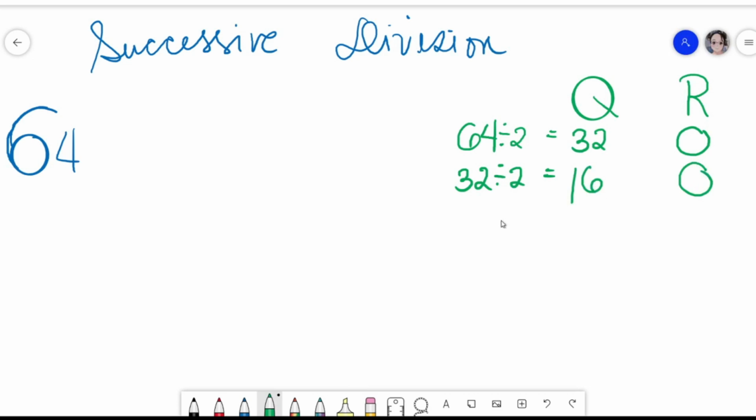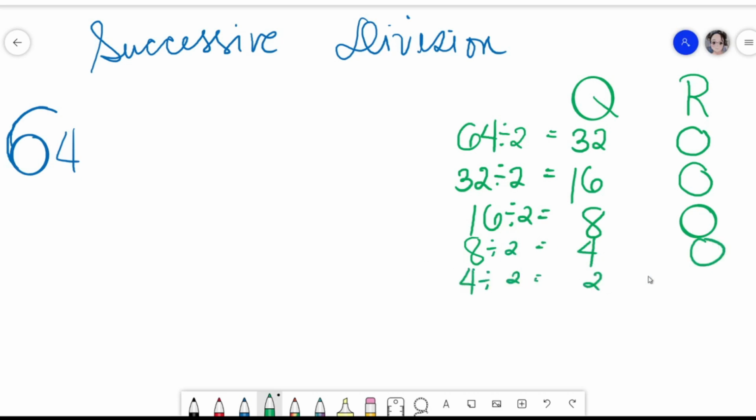Then 16 divided by 2, we have 8. So 0. And 8 divided by 2, we have 4. 0. 4 divided by 2 is 2.